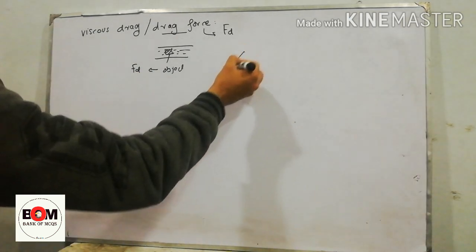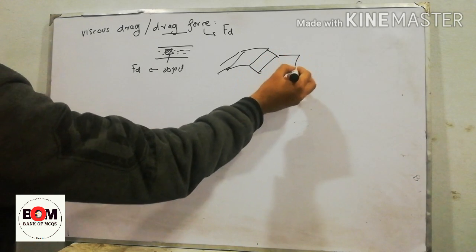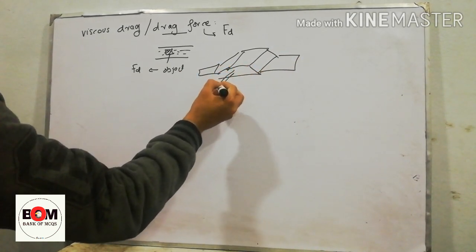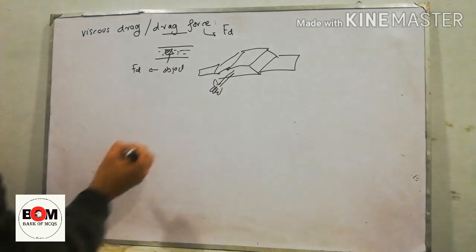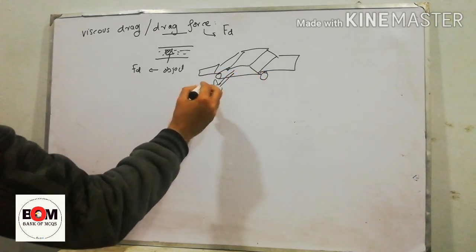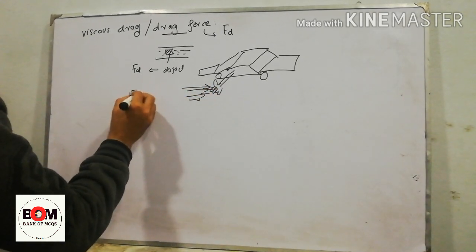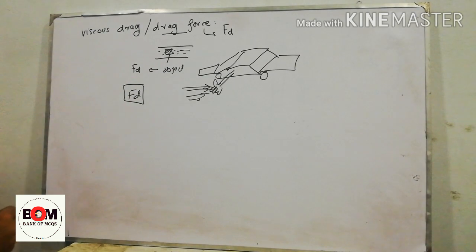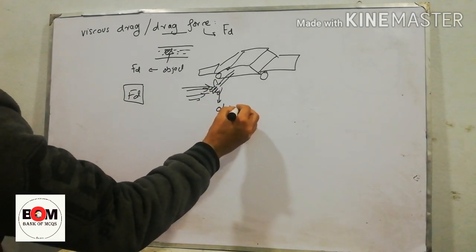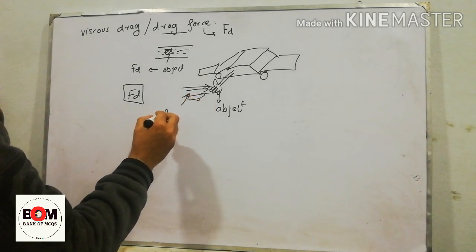A small example: whenever we put our hand outside a moving car, we will face a force acting on our hand, and that force is called Fd, drag force, because our hand is acting as an object and the air is the moving fluid.